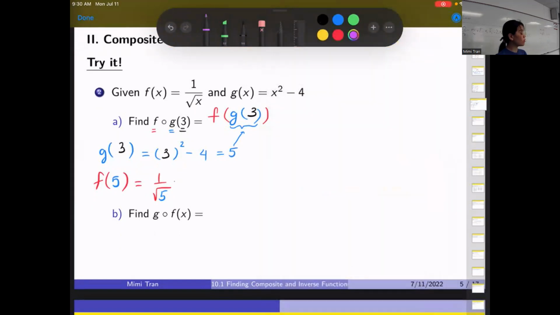I don't want square root under the denominator, right? On the exam, I do expect you to do this as well. So on the top, 1 times square root of 5 is just square root of 5. And the bottom, square root of 5 times square root of 5 is square root of 25, which is 5. You may lose a point if you stop right there.